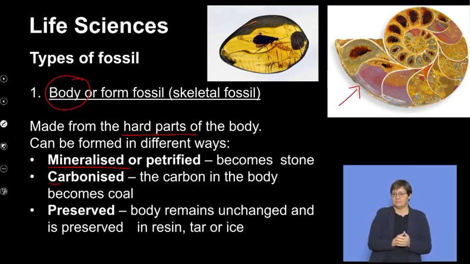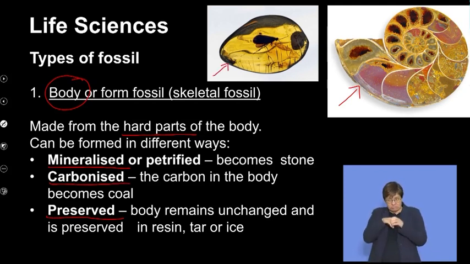It can be carbonized, and it would then form coal, or it could be preserved in resin or tar or ice, and this is an example of amber, which is an insect which was trapped in resin, and it has now been turned to rock. Those are the body fossils.